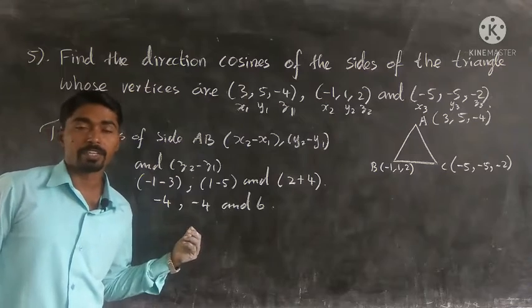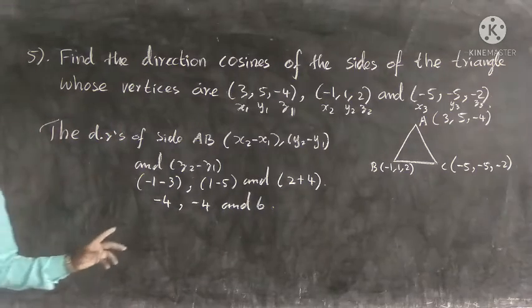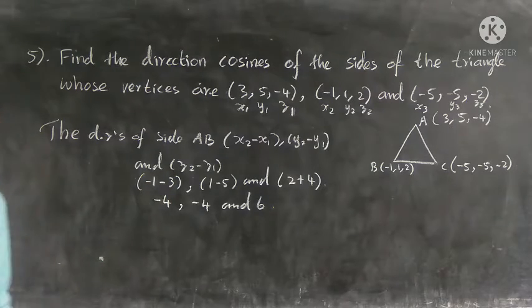Now we know the direction ratios. By using the direction ratios, we are going to find the direction cosines of AB.